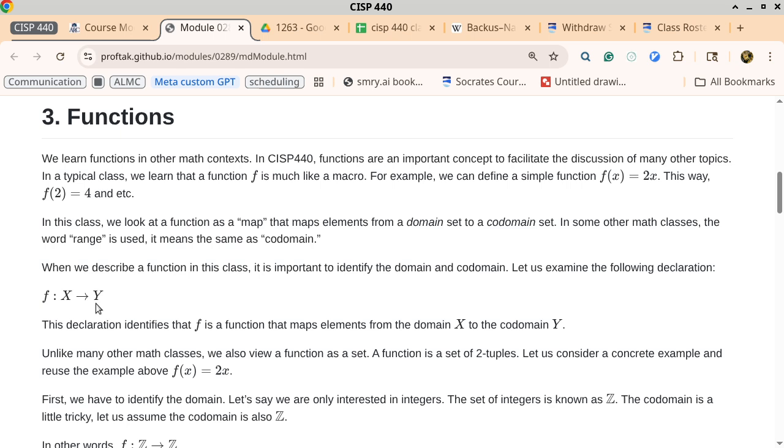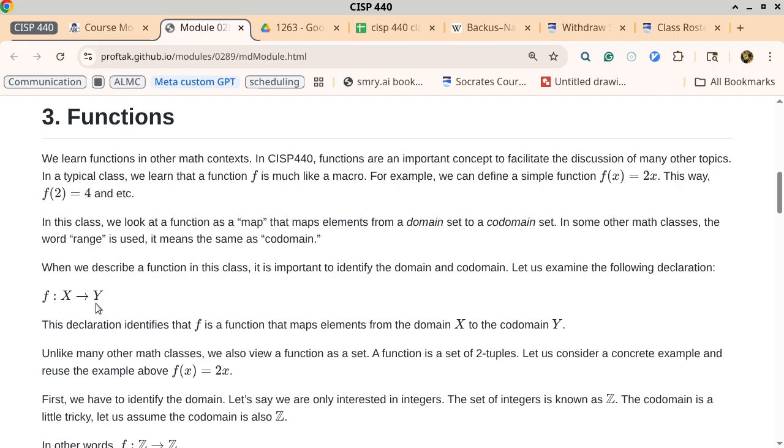In other classes, the codomain is also called a range. But in this class, I specifically just use the term codomain. So if you have already understood domain versus range, all you need to do is remap the word range to codomain. They mean exactly the same thing in this class.